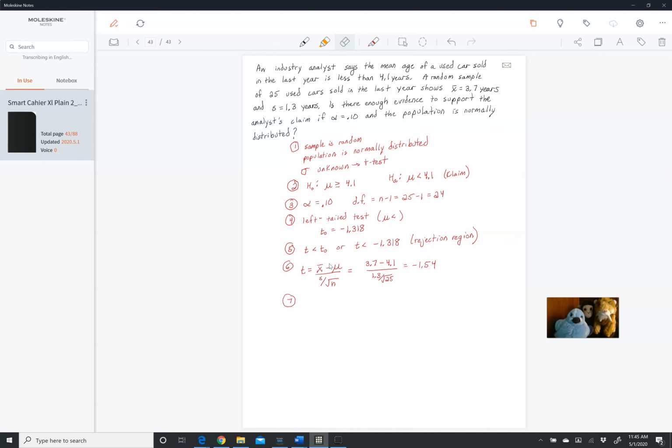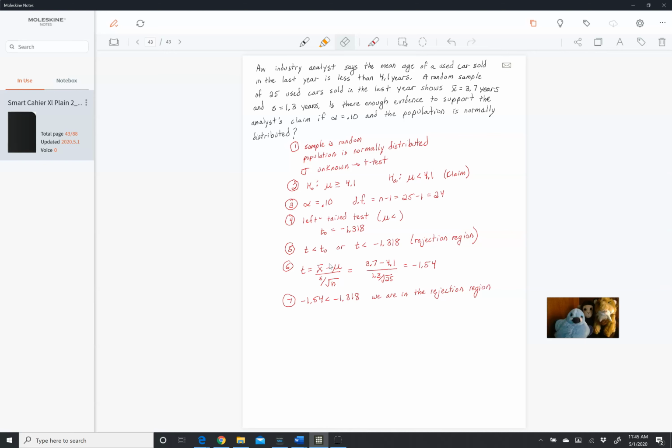So now we make our decision. Negative 1.54 is less than negative 1.318. We are in the rejection region. If it were greater, we would be outside the rejection region.